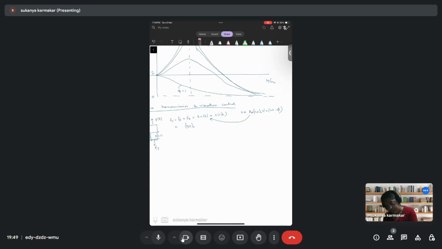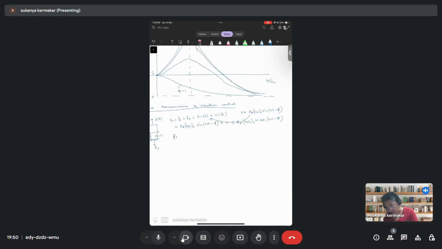So rd ust naught sine of omega t minus phi times k plus c into u dot will be again rd ust naught omega cos of omega t minus phi. Now what will be the maximum value of f of t?